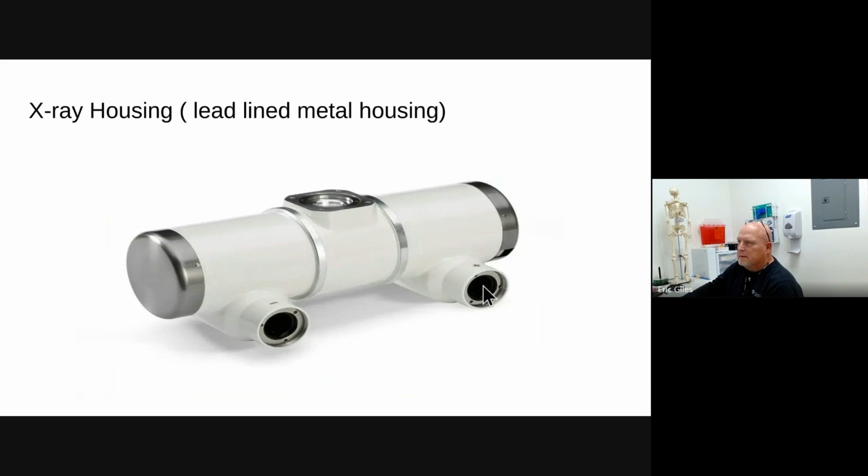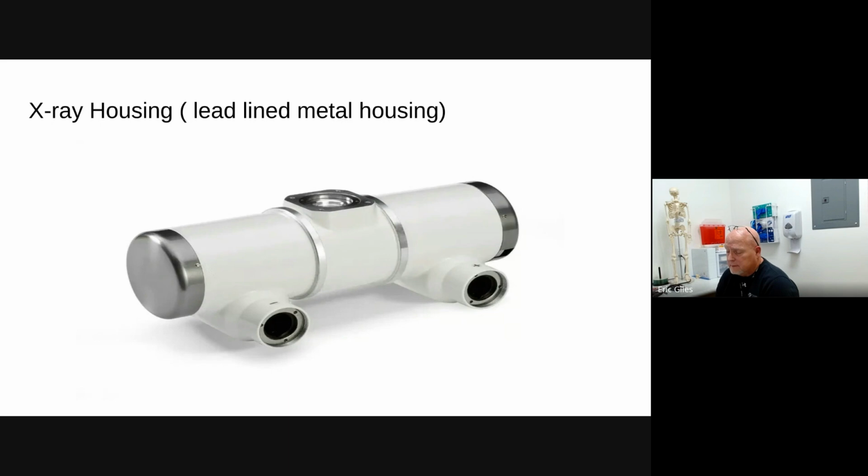Okay, so when you look at your X-ray machine, this is the actual X-ray tube housing. It's lead-lined metal. The reason it's lead-lined is because when the interaction happens at the anode, it forces X-ray photons everywhere.